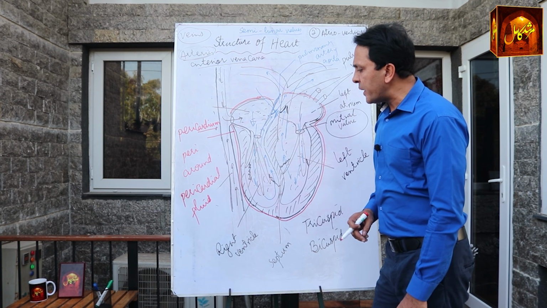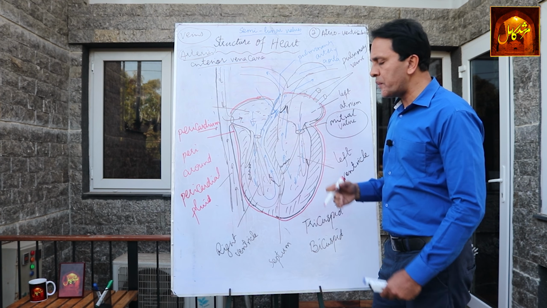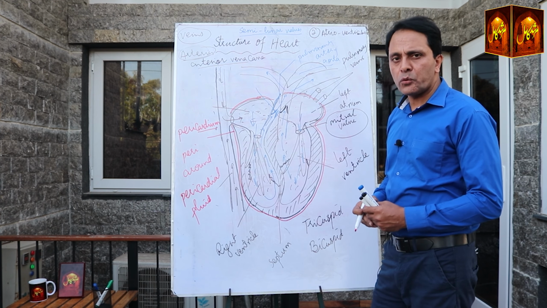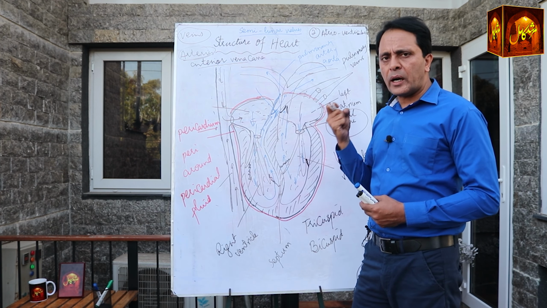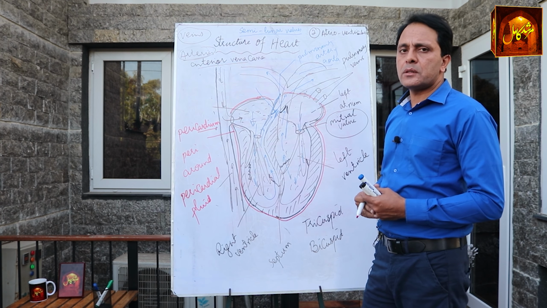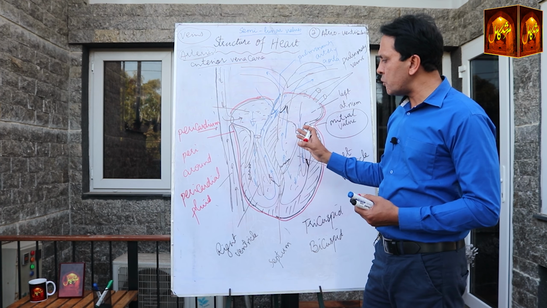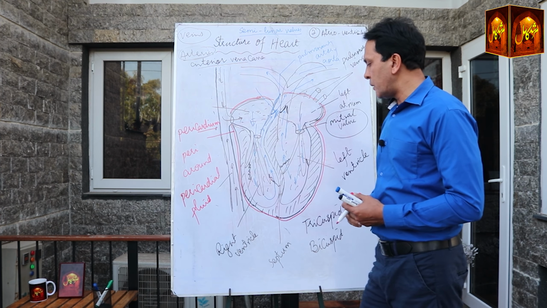This pericardial fluid lubricates the surfaces of the heart, because we have other organs as well. So when the heart beats, it reduces friction with other organs. So again, damage will not be inflicted on the muscles of the heart.